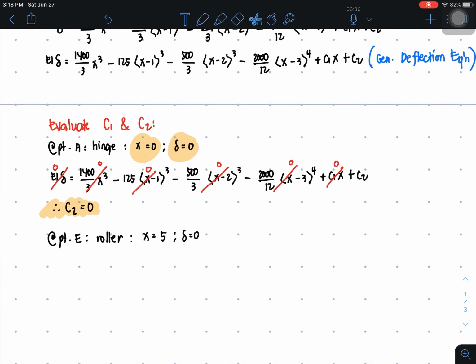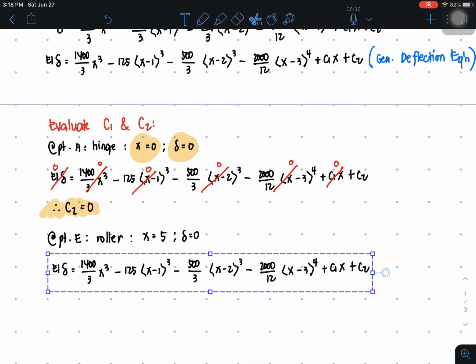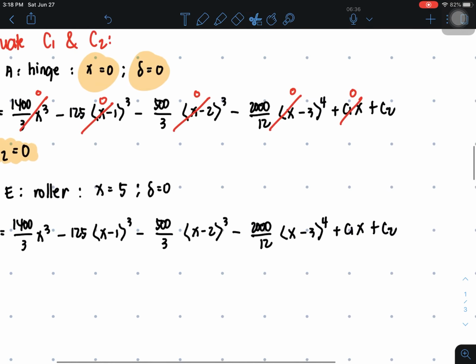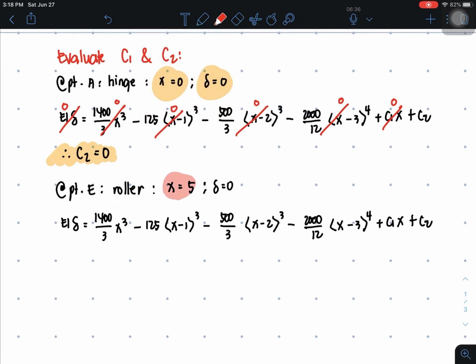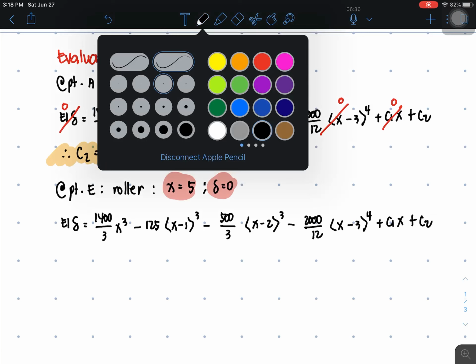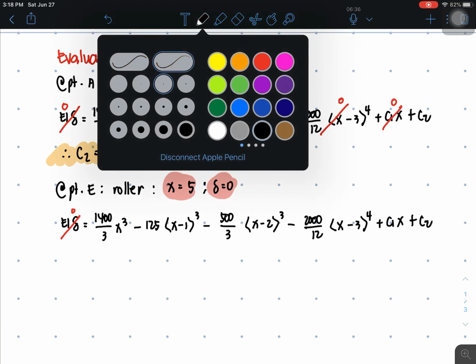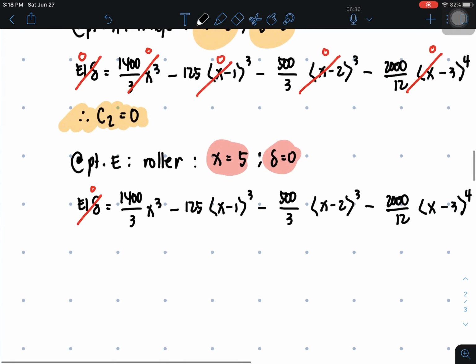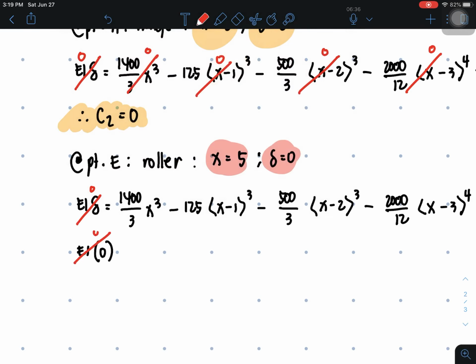Same equation here, and this time we substitute x equal to 5 and deflection equal to 0. So, this is EI times 0, which becomes 0.